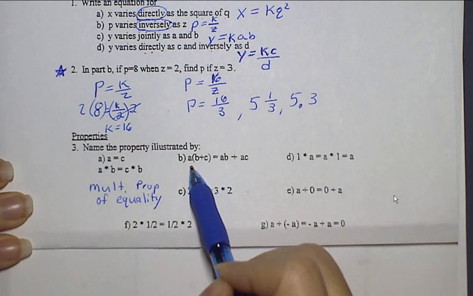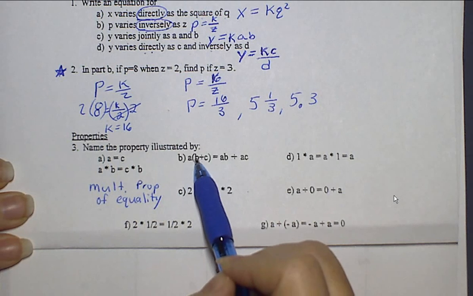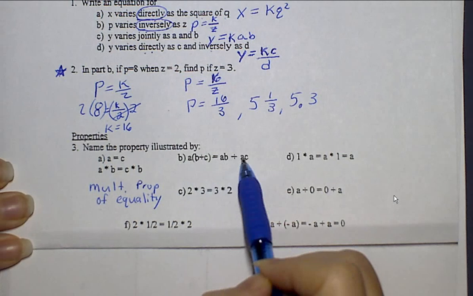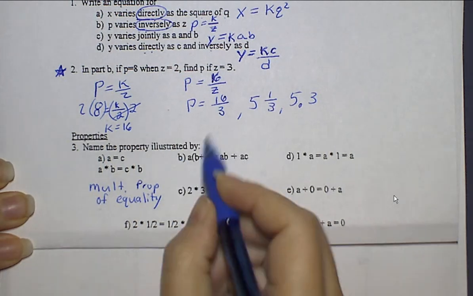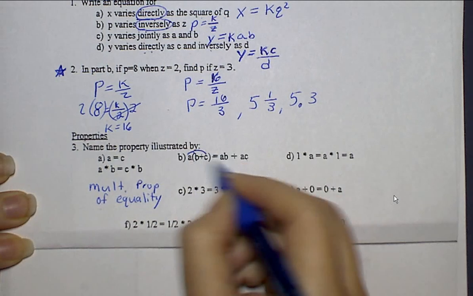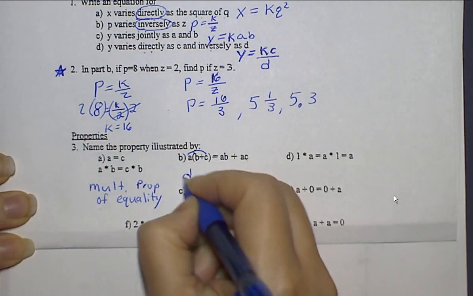Then, see how we have here, it has a times (b plus c), then it has ab plus ac. So what this one is, this is the distributive property, because they multiplied both of them by that to get that. So that's the distributive property.